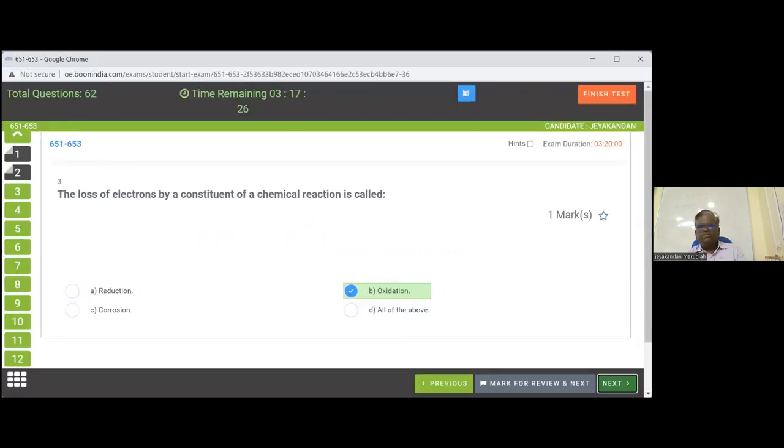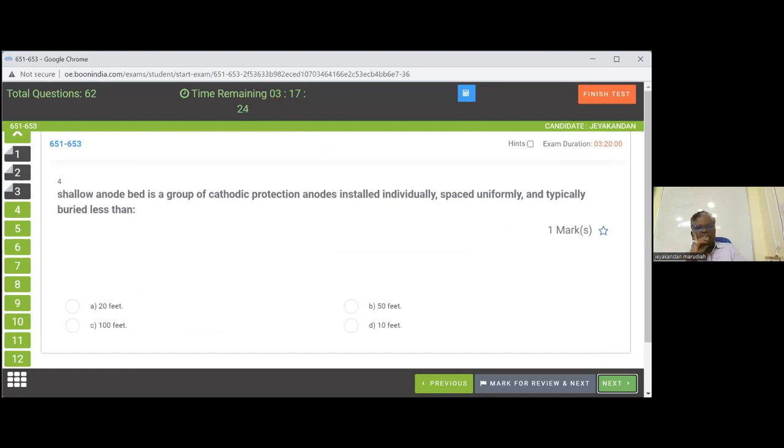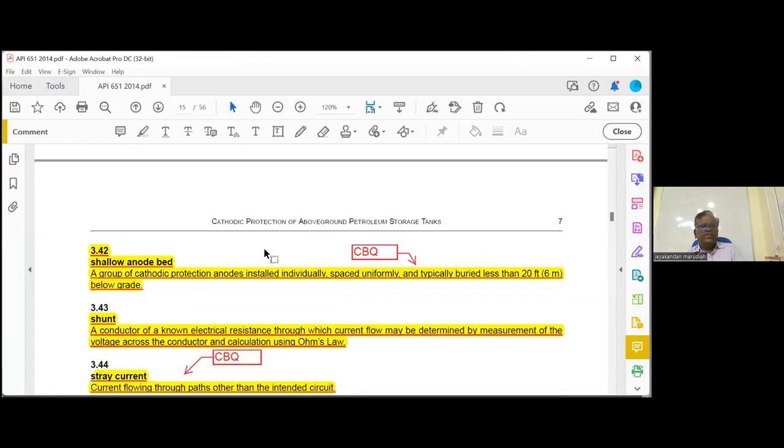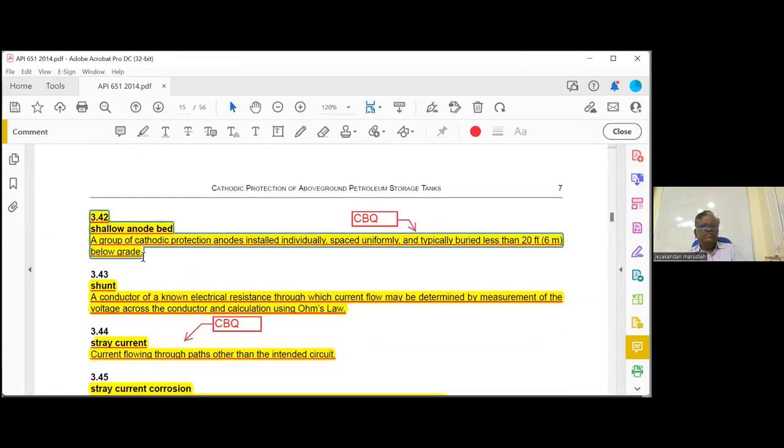Next one. Shallow anode bed is a group of cathodic protection anodes installed individually, placed uniformly and typically buried less than 20 feet. Shallow anode bed, 3.42.